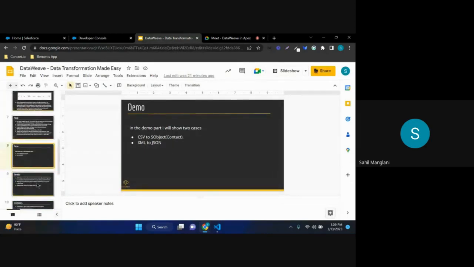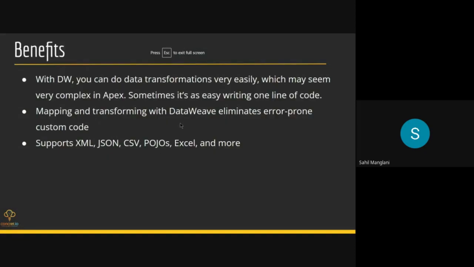Now discussing the benefits and limitations. With DataWeave, the benefits are that you can perform data transformation very easily, which may seem very complex in Apex for large data. For the CSV, we don't need to write the logic to do the get blob and other stuff. We just need to do this DataWeave. And for the CSV, our code also sometimes becomes error prone.